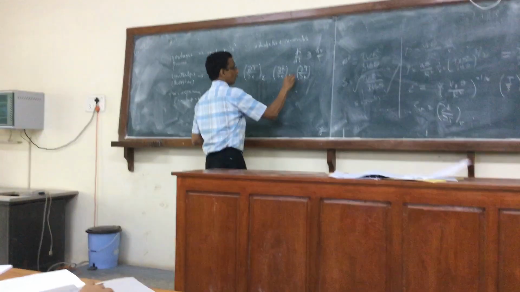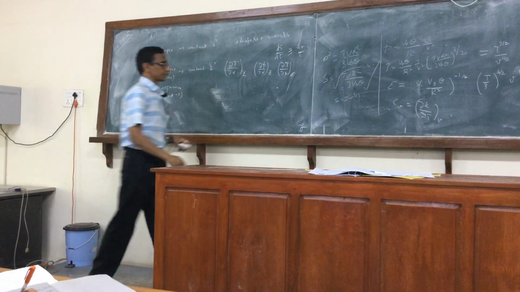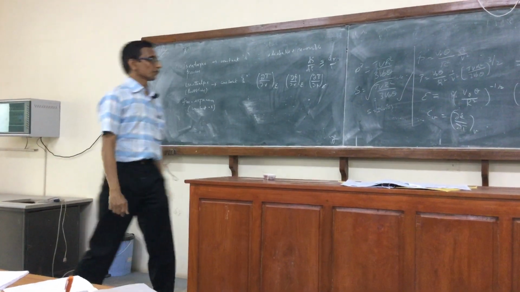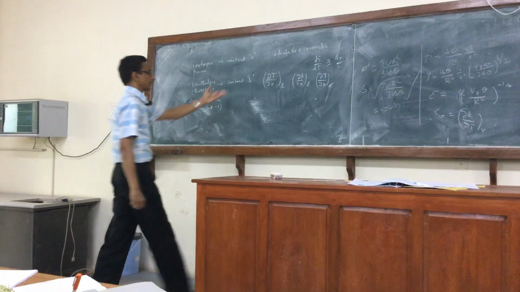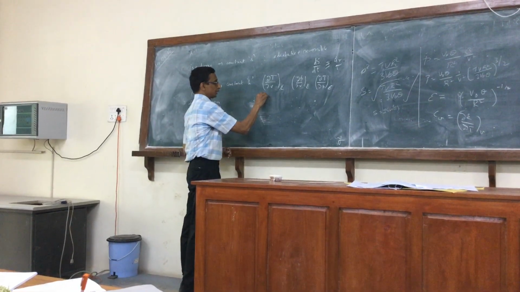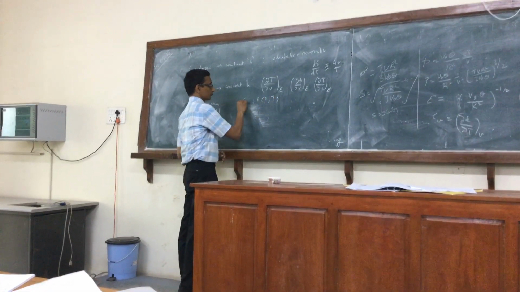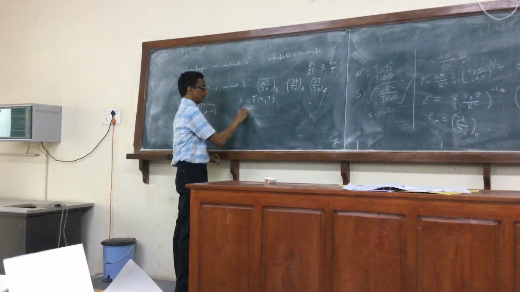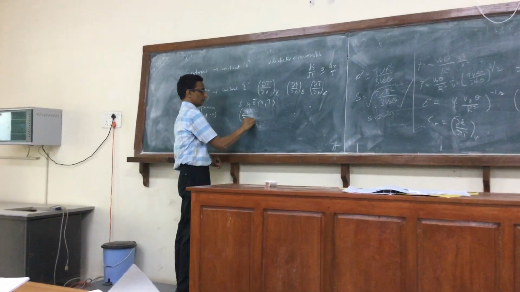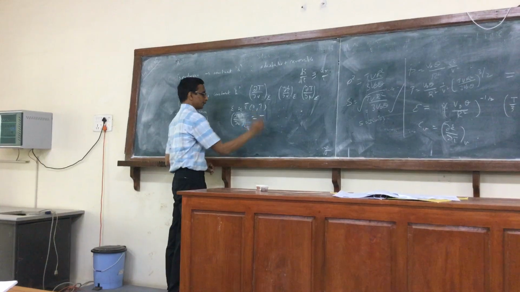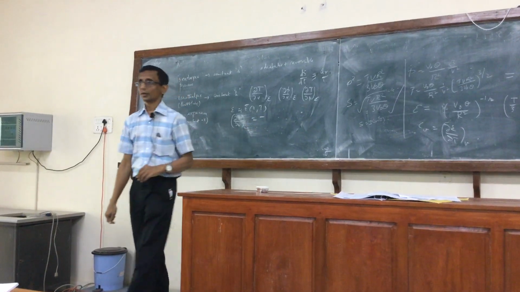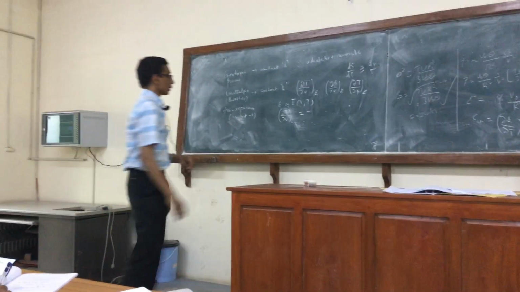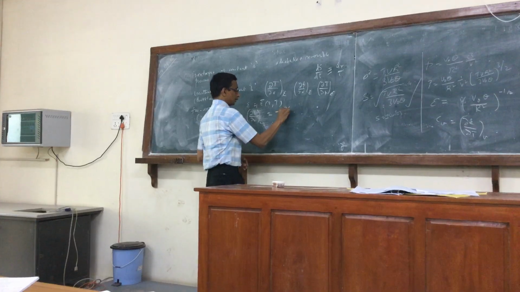So let's look at that. If I want to do this, this is very easy. E as a function of T and V I look at, and dt by dv will simply be minus dE by dv over dE by dt.